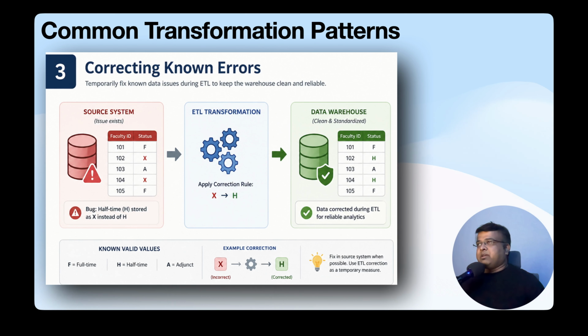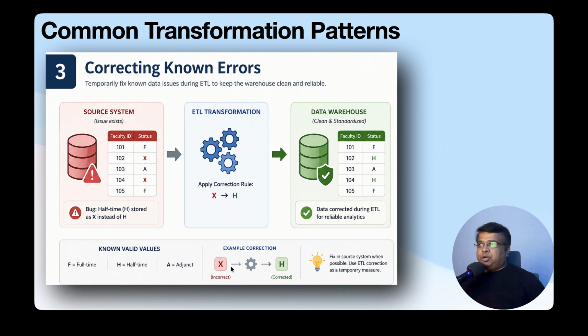data clean and reliable. For example, suppose a faculty status field is supposed to store F for full time, H for half time, A for adjunct, and so on. But due to a bug in the source application, half time faculty are accidentally being stored as X instead of H. Now we already know X is incorrect.